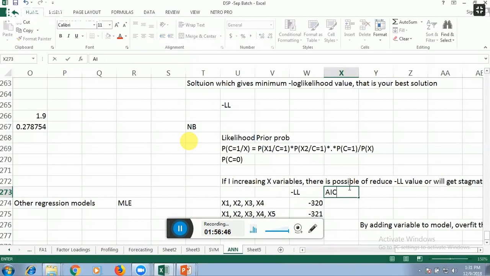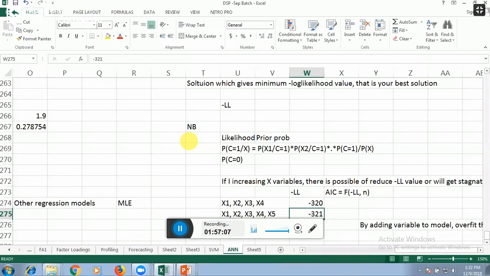This is the place we use a function called AIC. AIC is nothing but a function of minus log likelihood and the number of variables you are using. So what I'm indirectly saying is, AIC penalizes, depending on what contribution you are getting.